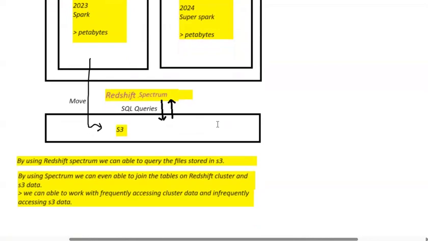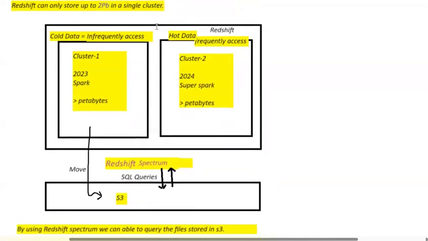This is by putting the cold data, nothing but infrequently accessed data, under S3 and treating the data the same as Redshift tables. We treat the data which we put under S3 as Redshift tables, but we are just storing them like files under S3. What do we call these files under S3?